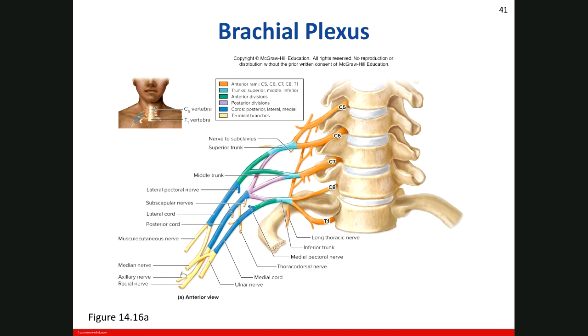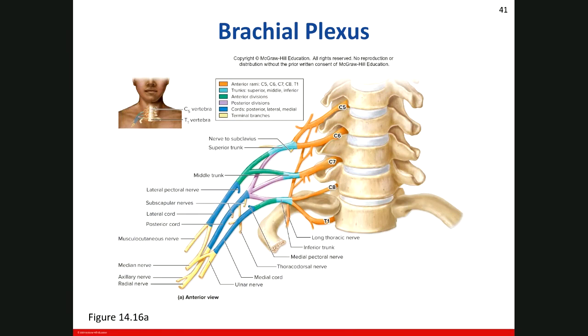One of them is called the median nerve, one of them is the axillary nerve, one of them is the radial nerve, and these nerves can innervate different parts of our upper limb. You don't need to memorize them. You just need to know that the brachial plexus is a plexus which can innervate the lower part of your neck and also your upper limb.